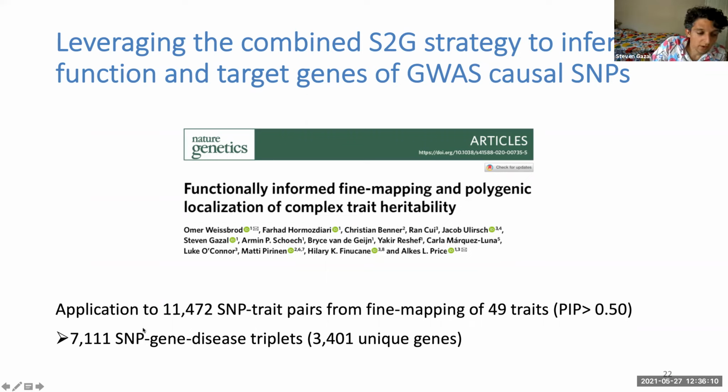Then we took our SNP-gene map and defined some SNP-gene-disease triplets. We are able to nominate 7,000 of them, including more than 3,000 unique genes, which provides a cool resource to know what genes have been highlighted by GWAS and what the impacted phenotypes are.